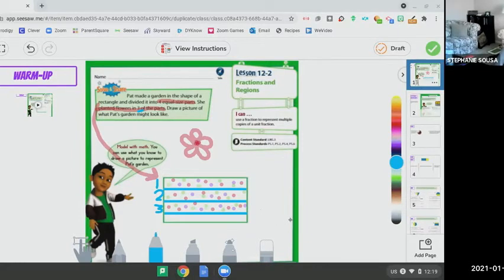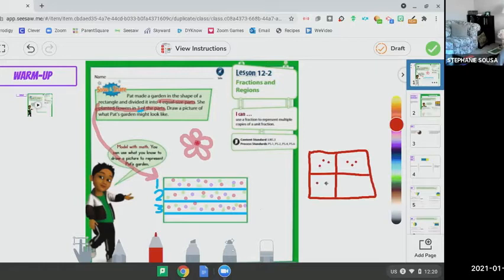Okay? That's a very important distinction, and it does come up with my 4th grade or my 3rd graders every year. A lot of people think this means I've got to create my garden and put 3 flowers in each one. 1, 2, 3, 1, 2, 3, 1, 2, 3, 1, 2, 3. And this right here would be wrong. Okay?